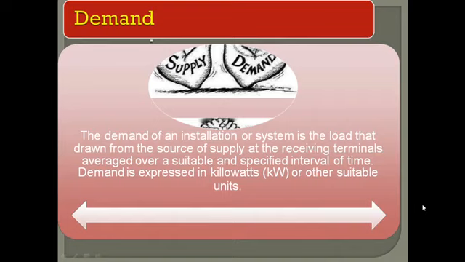Now coming to demand. Demand of an installation or system is the load that is drawn from the sources of supply at the receiving terminal averaged over a suitable and specified interval of time. Demand is expressed in kilowatt, kilovolt-ampere or other suitable units.